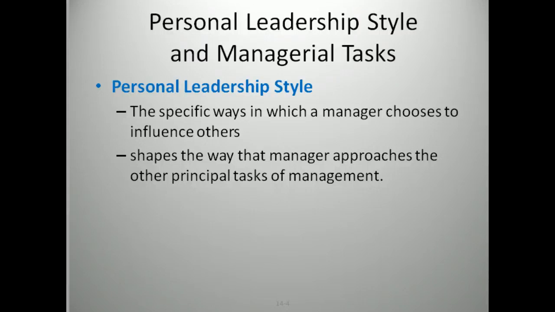So managers at all levels and in all kinds of organizations have their own personal leadership styles that determine how they lead employees and how they perform other management tasks. Although leading is one of the four principal tasks of managing, there's a distinction that's often made between managers and leaders because they are different.